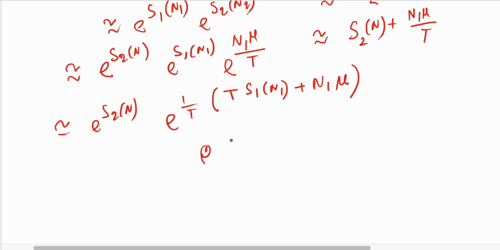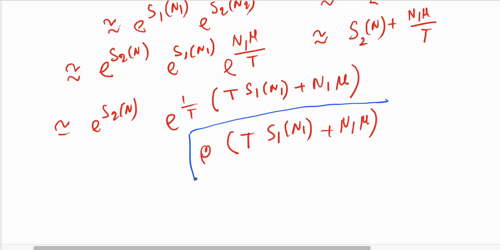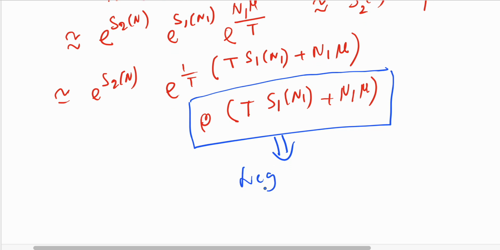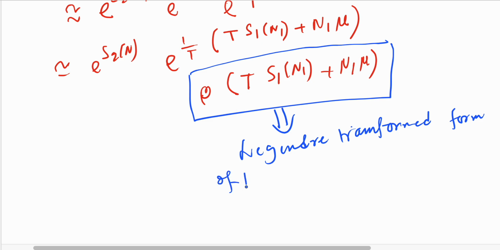That means beta times t s1 of n1 plus n1 mu. So this quantity written here is the Legendre transformed form of s1 of n1, n1.